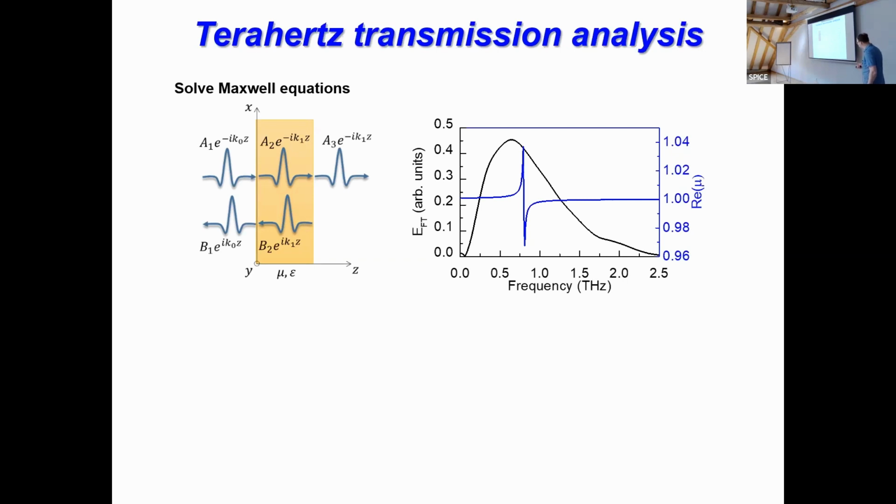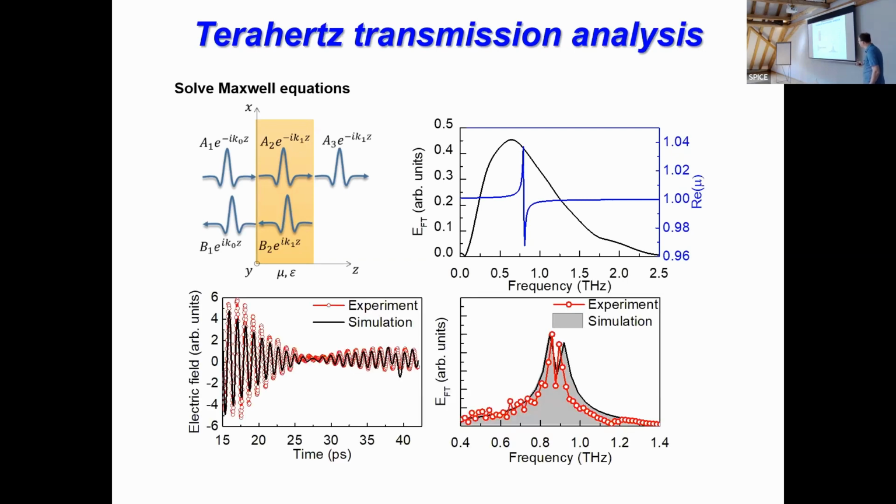After solving the Maxwell equations, you can see that without any fitting parameters, we can reproduce very well the features observed in the experiment: the beating in the time domain and the splitting of the magnon in the frequency domain.